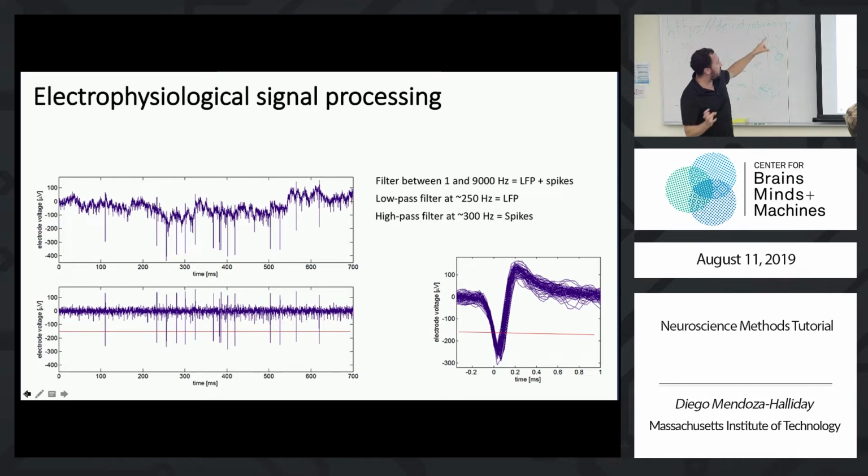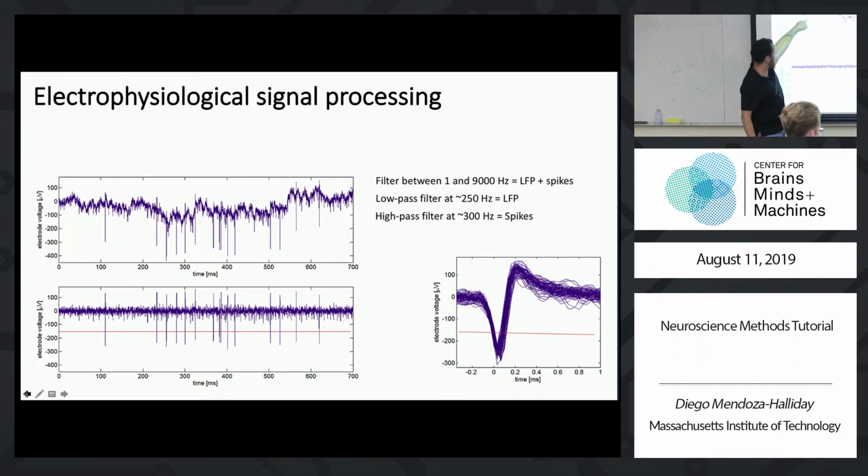But on top of that noise, you also get fluctuations, some of which are the local field potentials I was talking about, and also these sharp spikes that are the action potentials of particular neurons. There could be different kinds, long, tall ones, and then some little ones.